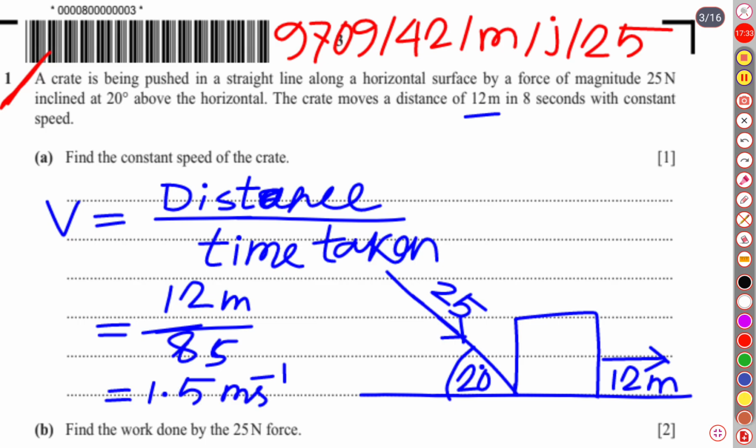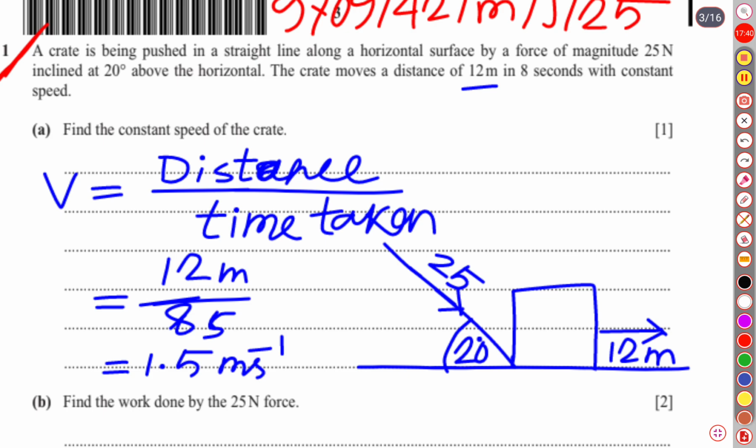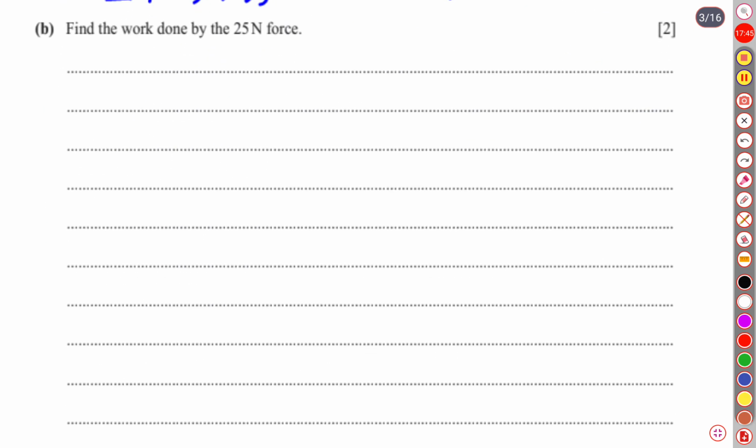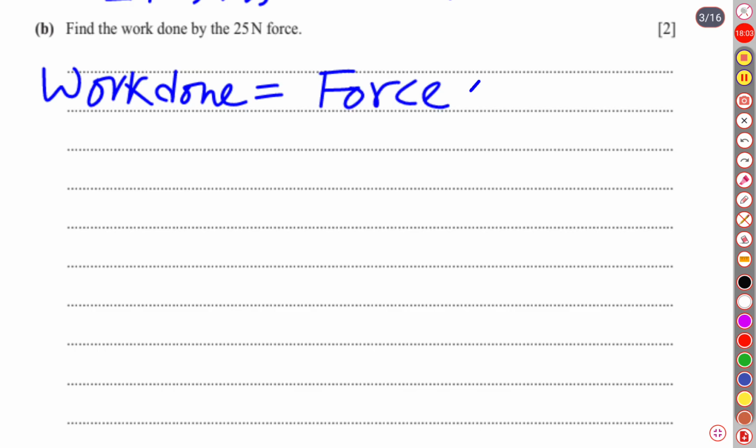Let's see the next question. The next question says find the work done by the 25 Newton force. Here there is a little twist. So let us solve this one first. We know the formula is work done is equal to force into displacement, or force into distance.